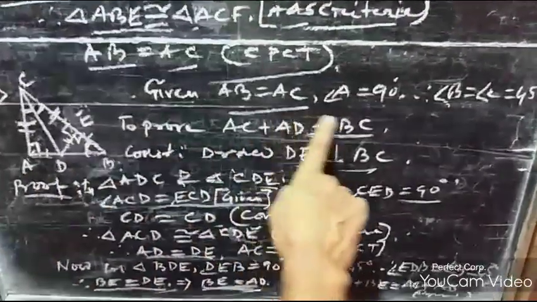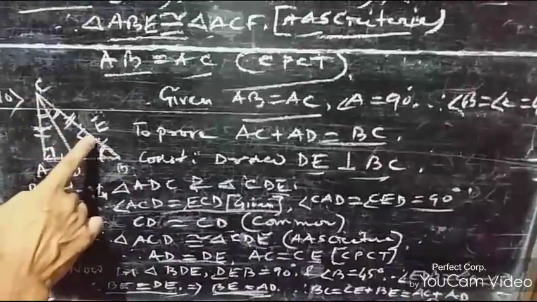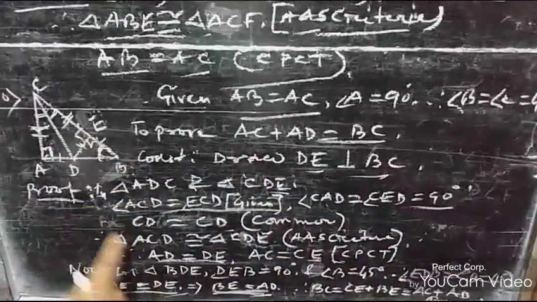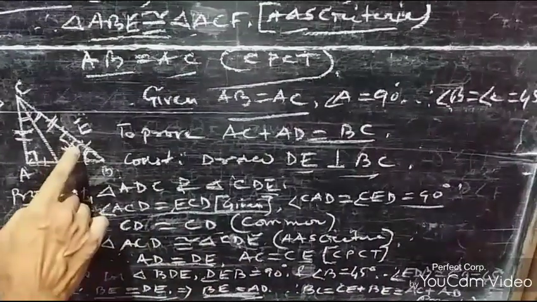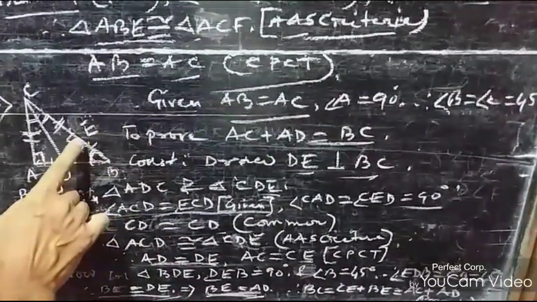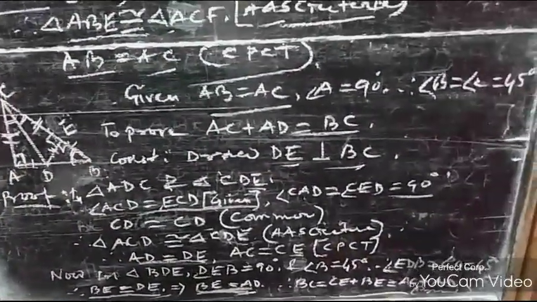Our proof was BC equal to CE plus EB. So instead of CE we can put AC, and instead of BE we are putting AD, and this is proved.